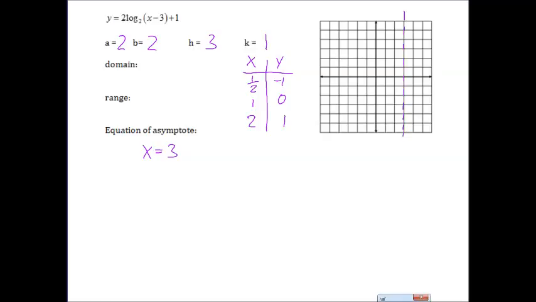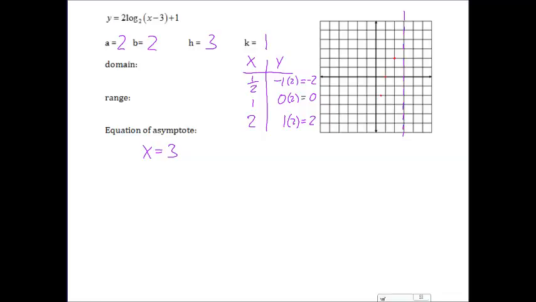And so since we have a dilation of 2, now our y values need to get multiplied by 2 each time to give us our new values, and that would be -2, 0, and 2. So before we translate those values, they would actually be at 1/2, -2; 1, 0; and 2, positive 2.